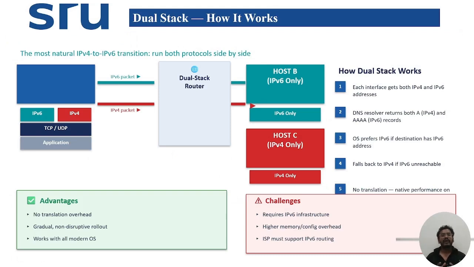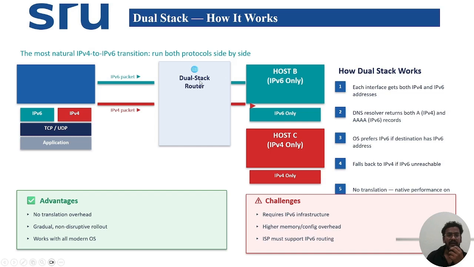So here is a simple working of how the dual stack method works. The most natural way is to run both the protocols side by side. Here is an IPv6 packet and an IPv4 packet, and both can run side by side.